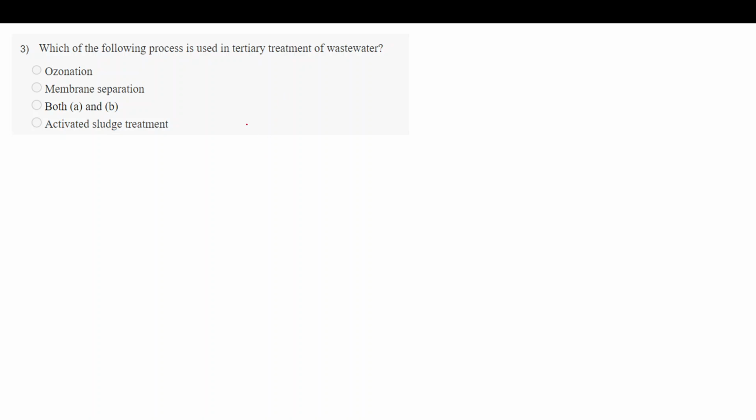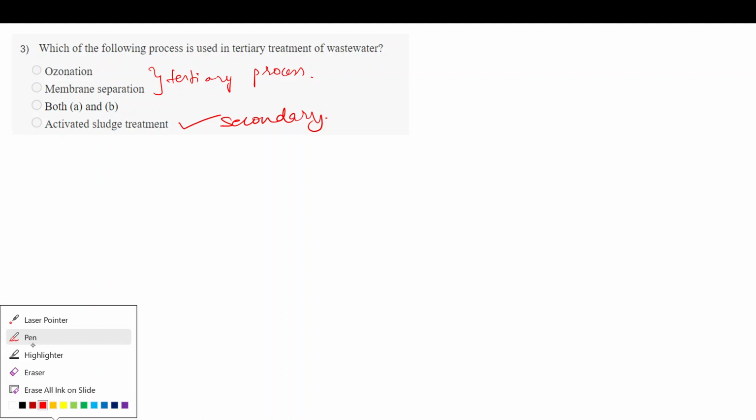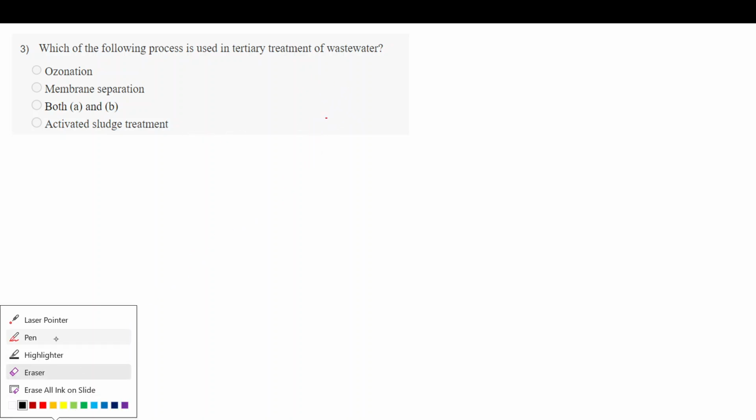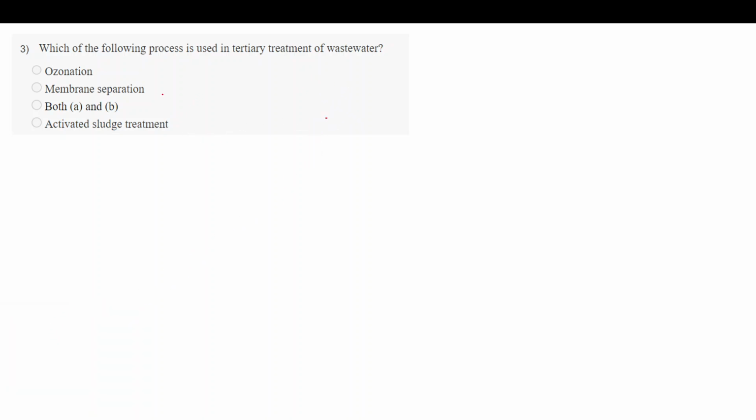If we look into the options, the activated sludge process is a secondary process, and these two are tertiary processes. Ozonation is used for disinfection, and the membrane is used for separation of ions, some organics and heavy metals from water.